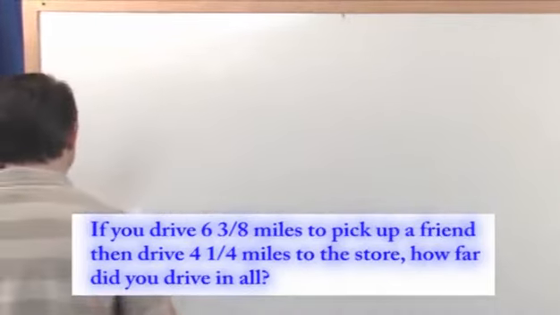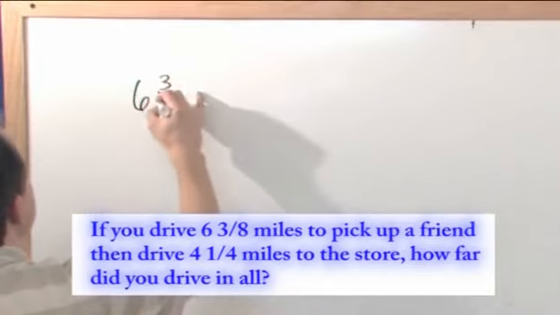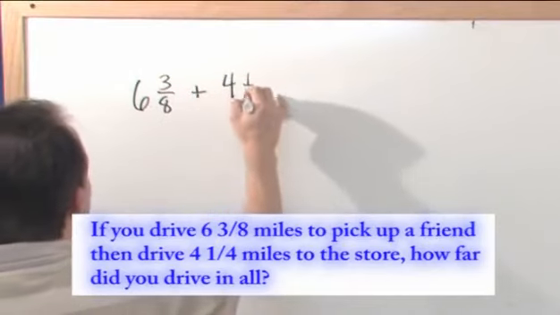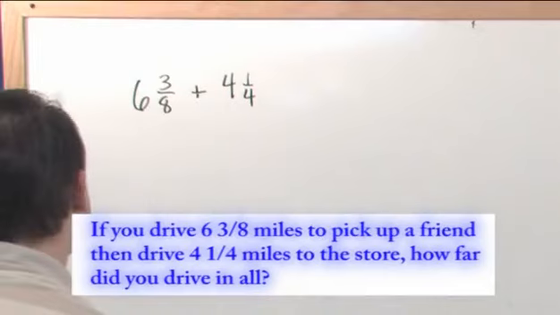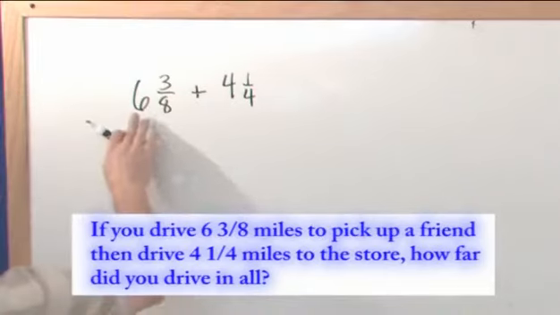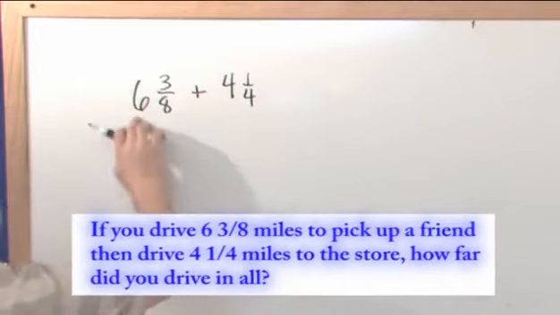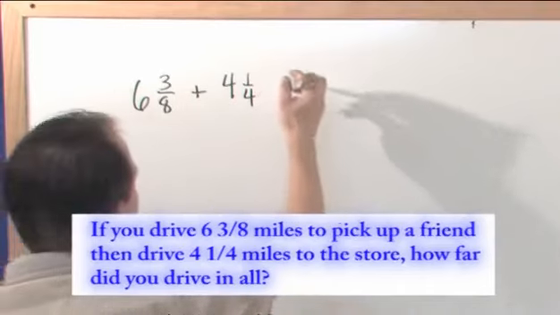So what you're going to do is you're going to have your 6 3/8 plus your 4 1/4. Okay? So these are your fractions here, and you're going to have to add them up. What I like to do is just add my whole numbers together first, because I know I have 6 and 4, and that's going to give me 10 right away.